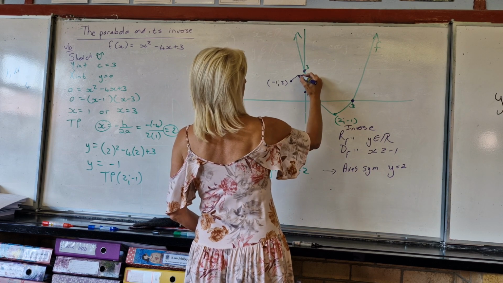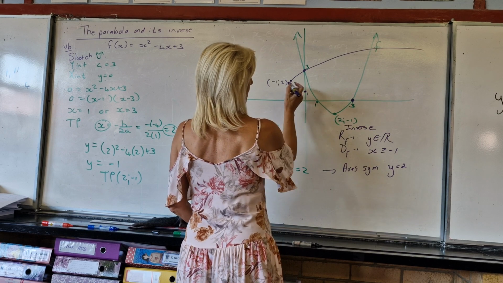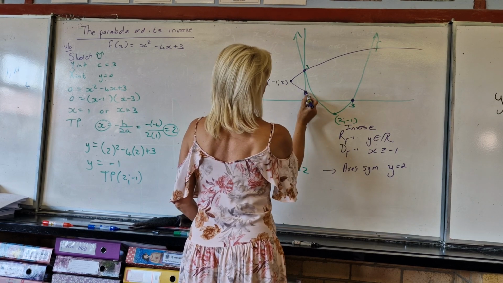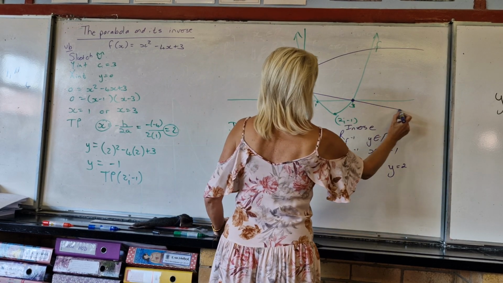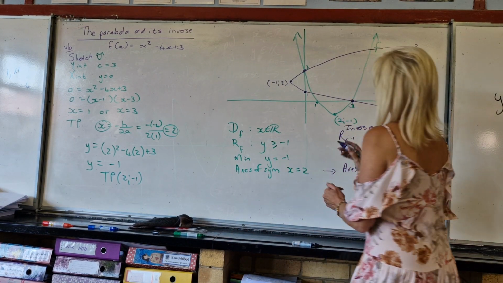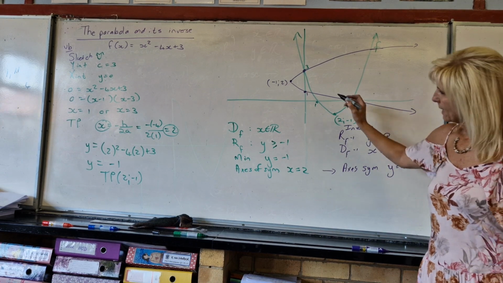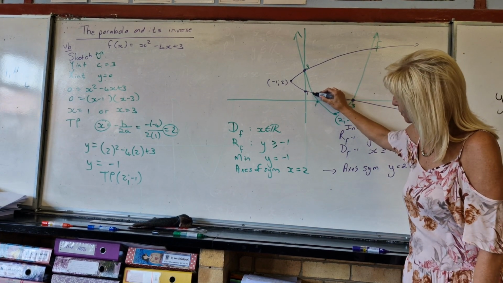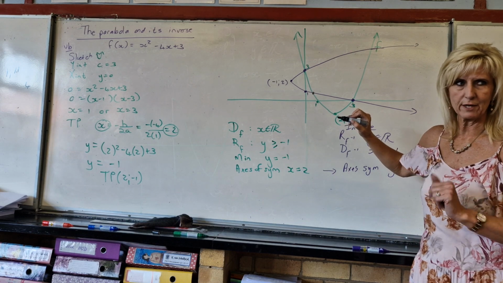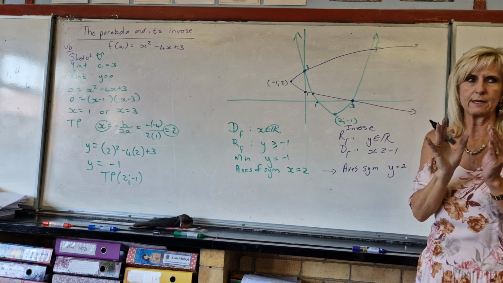Right? This one's going a bit flat here. Can we do that black line again? It should go through there so that they can reflect, right?